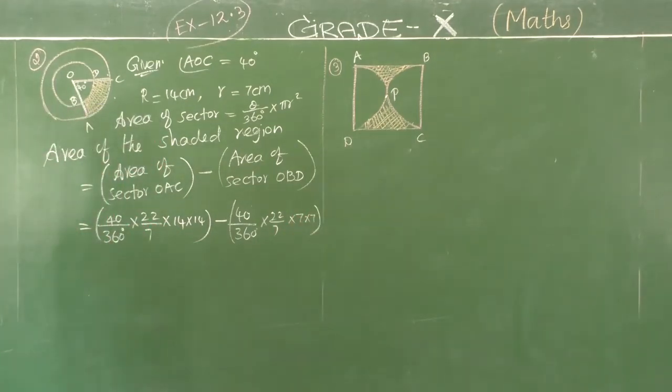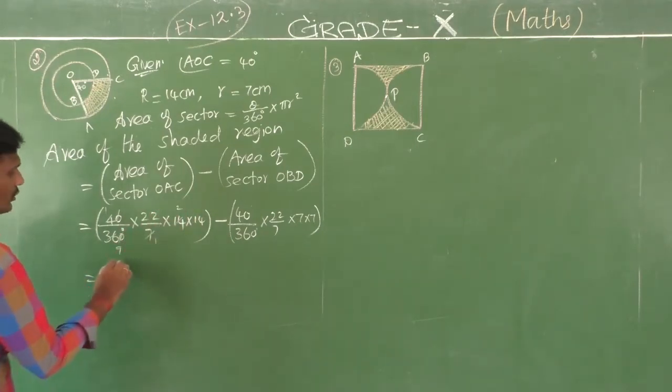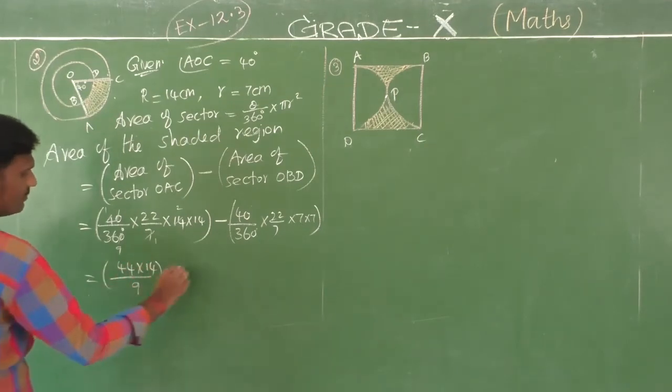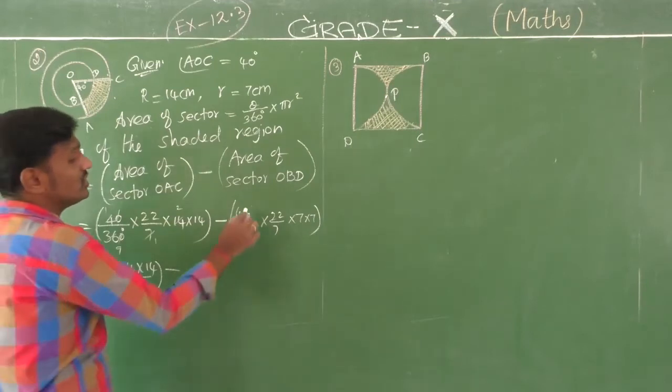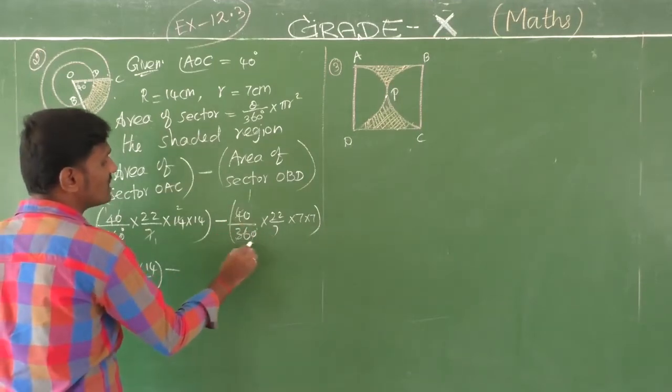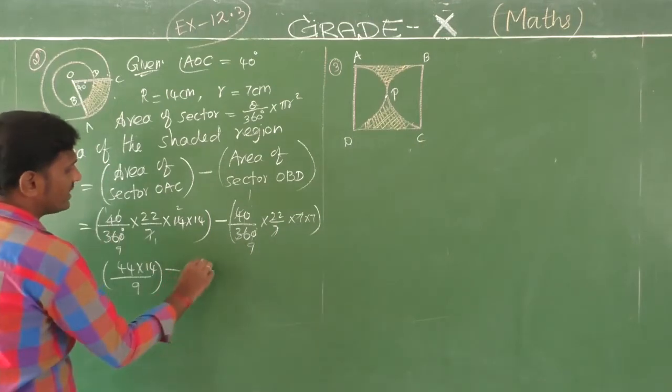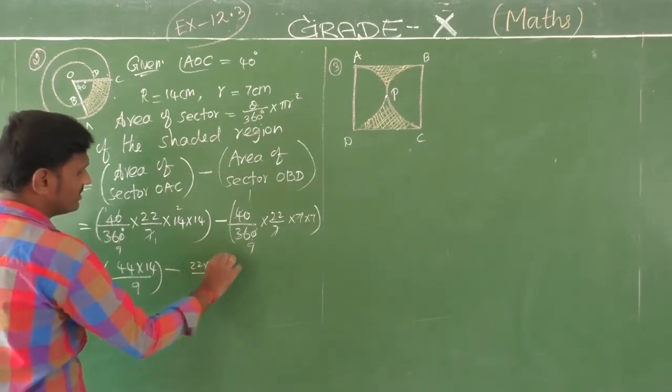Now we are going to simplify. 0 0 cancel, 1 4s are 4, 9 4s are 36, 1 7s are 7, 2 7s are 14. So the remaining is 22 into 2, 44 into 14 by 9, minus, here also very simple, 0 0 cancel, 1 4s are 4, 9 4s are 36, 7 and 7 also cancel. So 22 into 7 by 9.